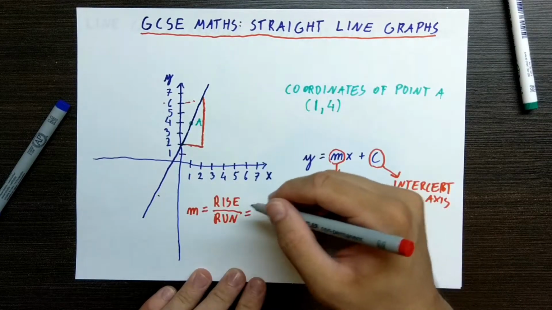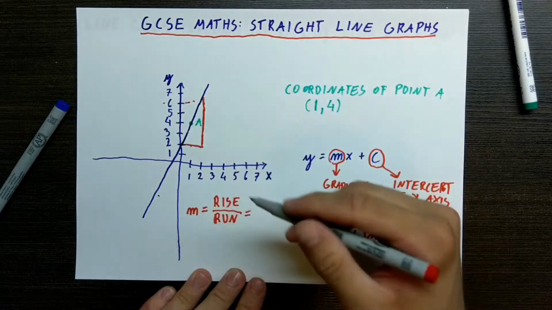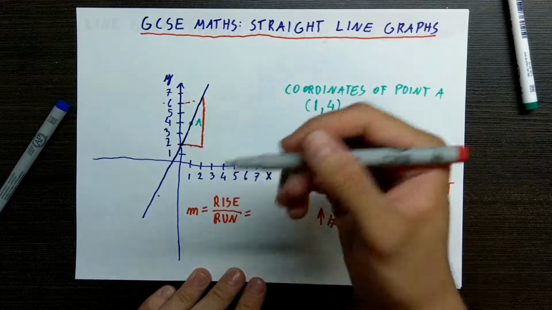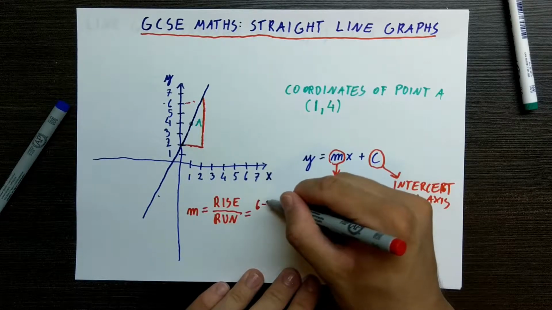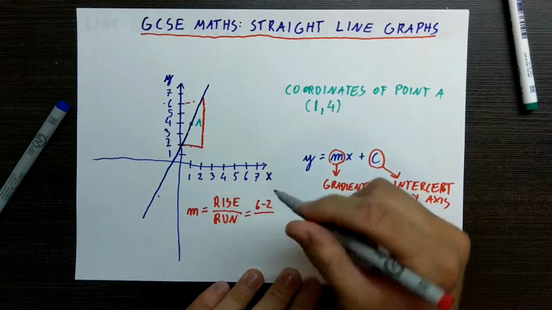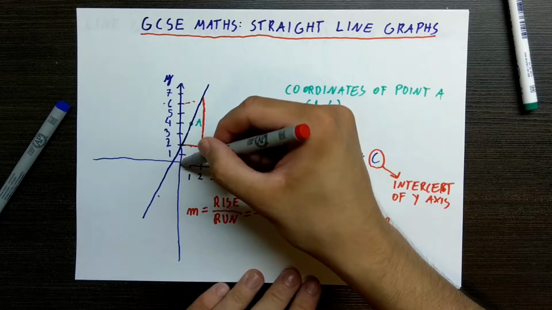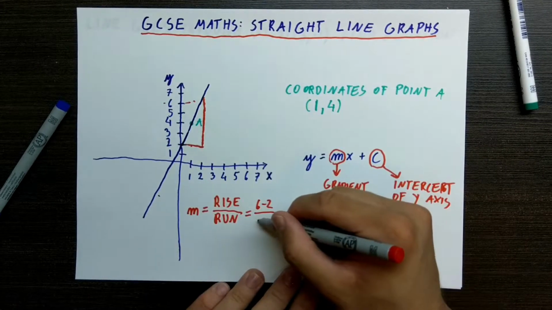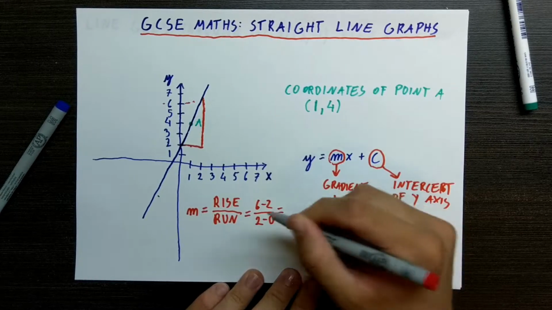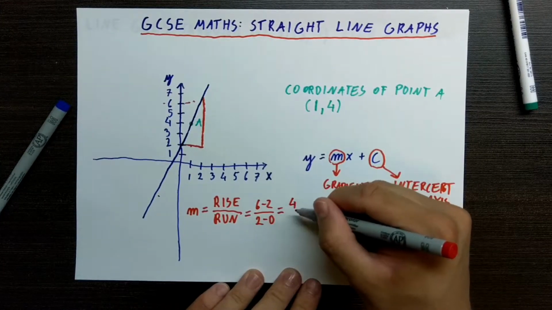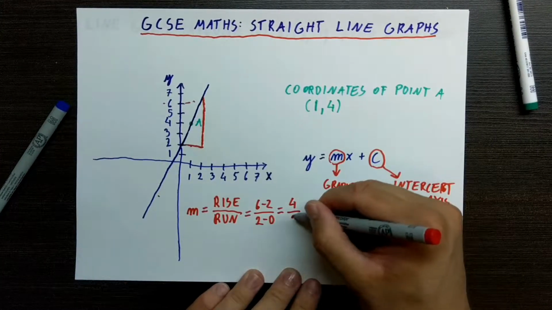So rise is 4. 6 minus 2 is 4. That's the rise. And run, we go from 0x to 2x. So 2 minus 0. So rise is 4 and run is 2.